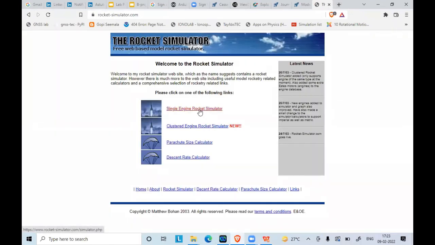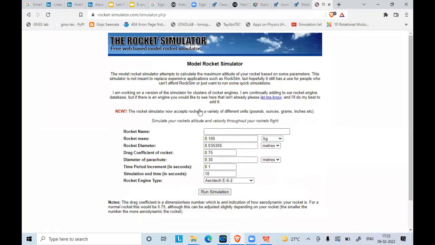So let me go to a single engine rocket simulator. Let's give a name to our rocket. I have some rocket mass, and let me keep everything as it is.